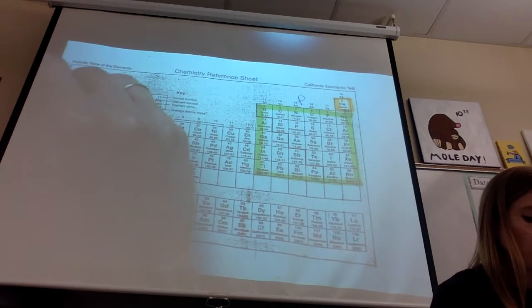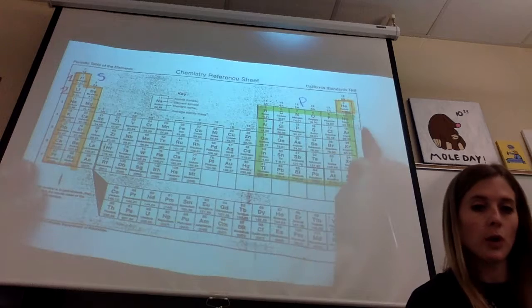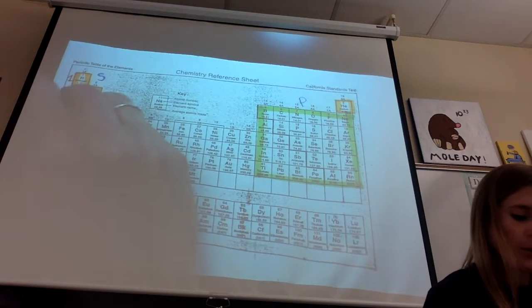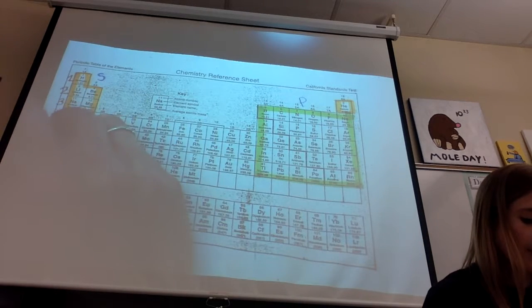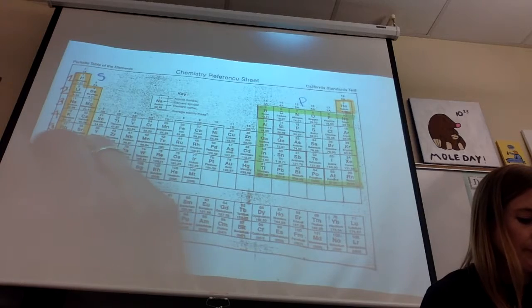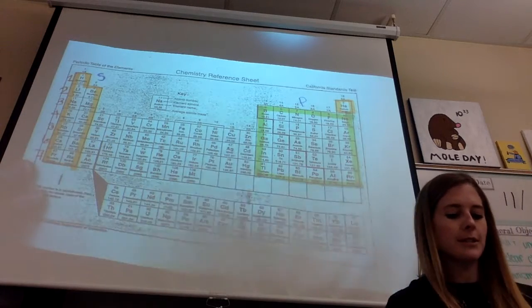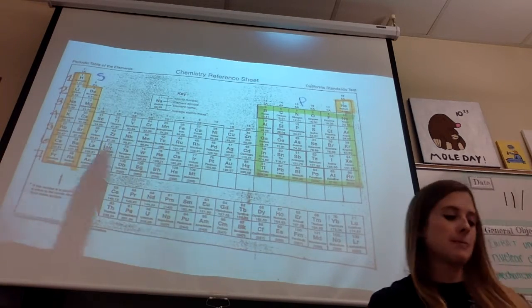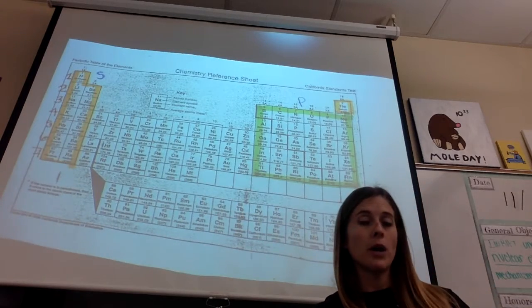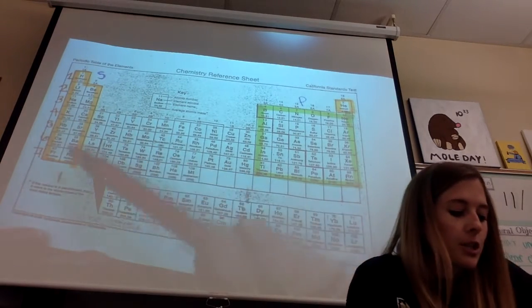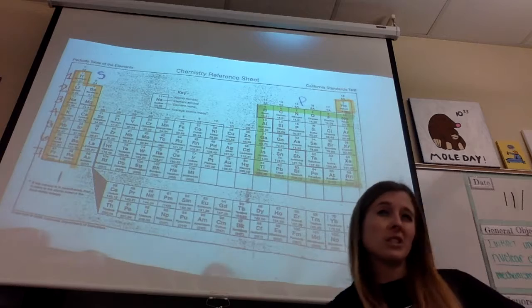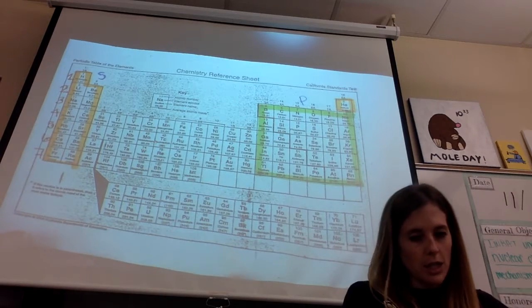Energy level 2 corresponds with row 2, 3, 4, 5, and so on. So all of these blocks are going to have the same energy level as the row. This middle section gets to mess that up one more time. It's kind of our funky section.